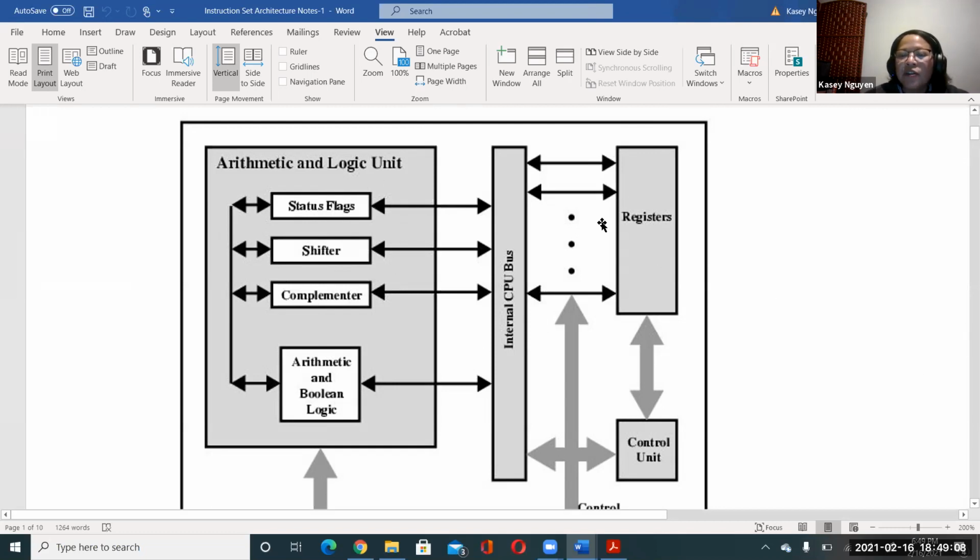And then the register is where our storage is going to be. Think of this as a temporary location, right? We can move data in and out.